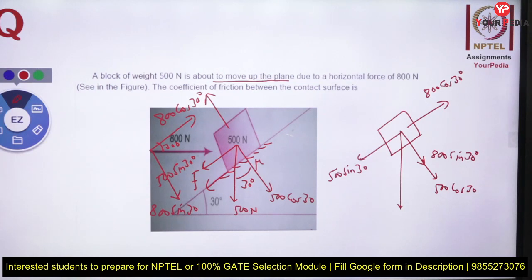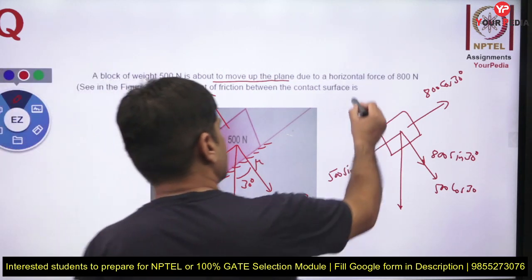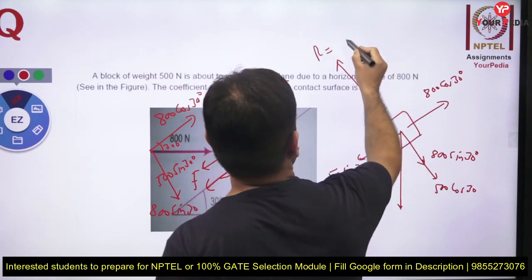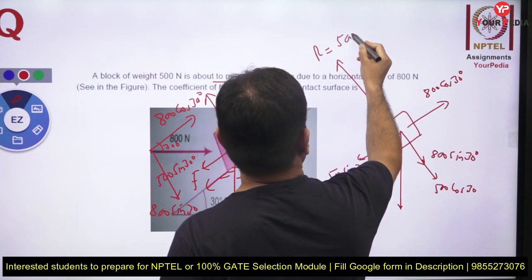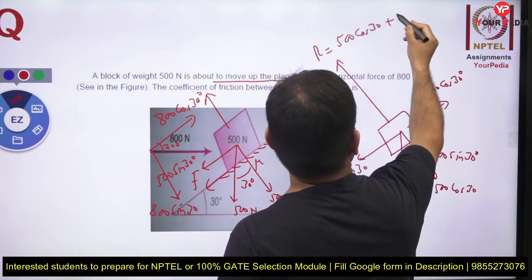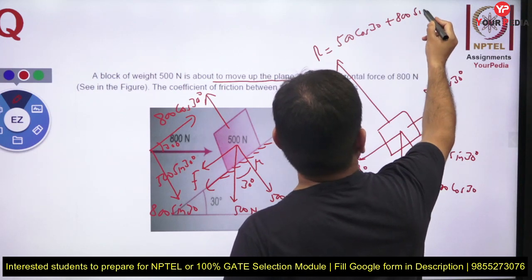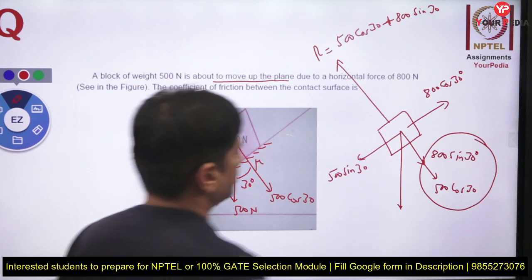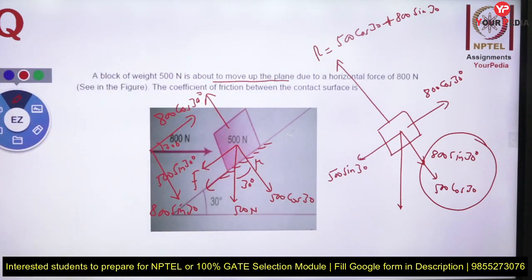Now these are the forces which are to be resolved. Can you tell me what is the normal reaction to the contact surface? The normal reaction to the contact surface is 500 cos 30 plus 800 sin 30. Both these forces together make the normal reaction.